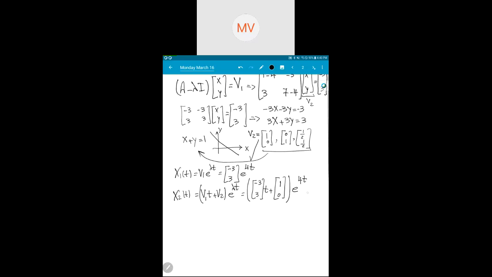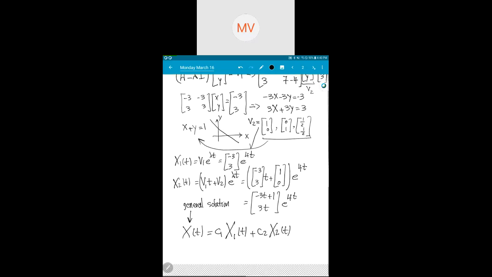You can simplify this into a single vector: negative 3t plus 1, and then 3t, times e to the 4t. And eventually the general solution is C1 times the capital X1 of t we found up there, and then C2 times X2 of t.